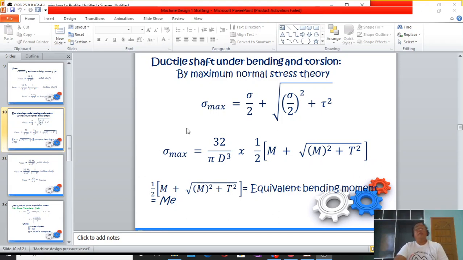This, class, is the other case, for brittle materials. For brittle materials, we use the so-called maximum normal stress theory.